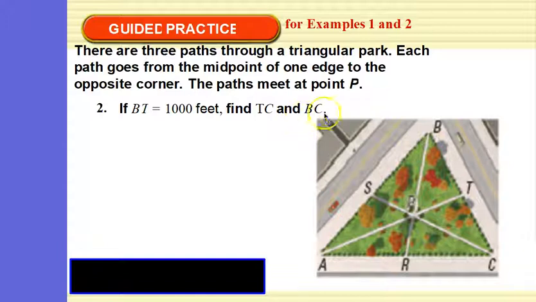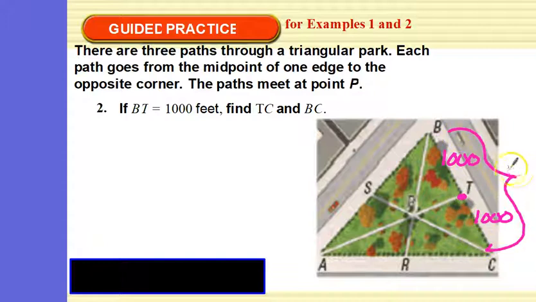If BT is 1,000, what is TC? What is TC? 1,000. Good. Because this is a midpoint, breaking it into 2 equal parts. So then what is BC? 2,000.